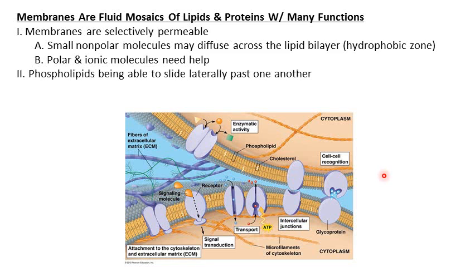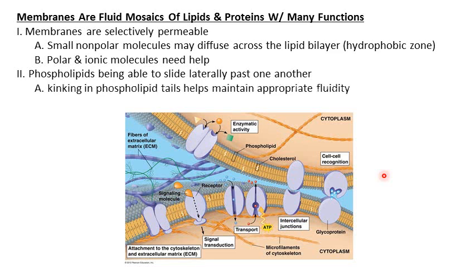We've already noted that phospholipids can slide past one another in a lateral fashion. That contributes to this idea of membranes being fluid. Also, something else that's kind of interesting is that as seasons change, as environments change around us, sometimes we're going to be changing out our phospholipid tails.